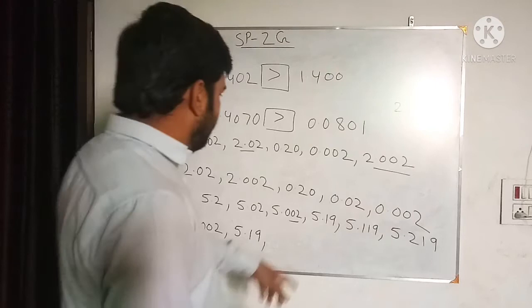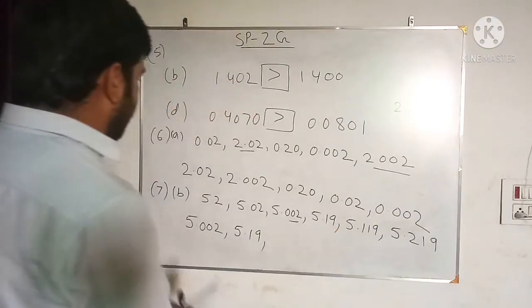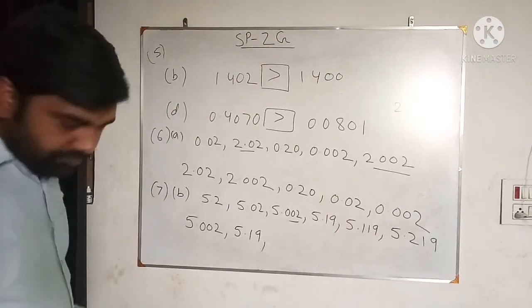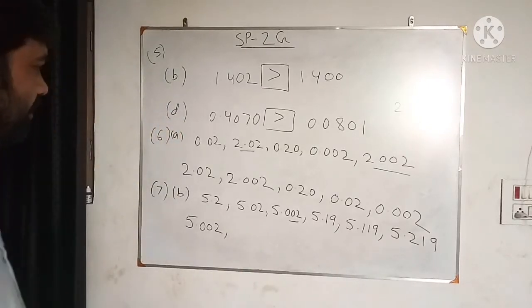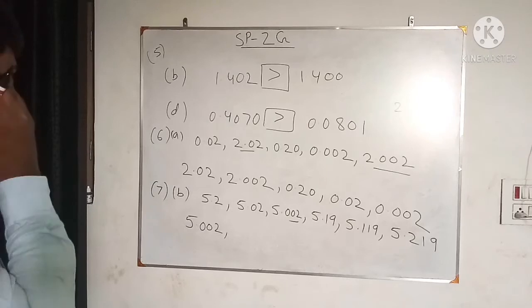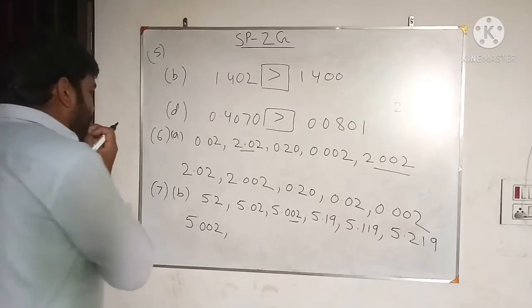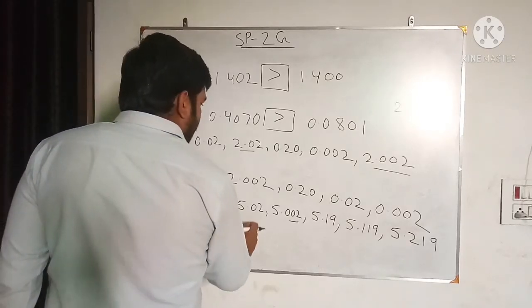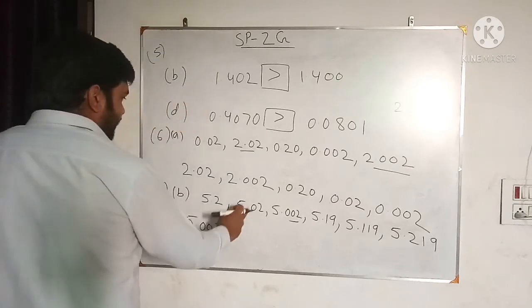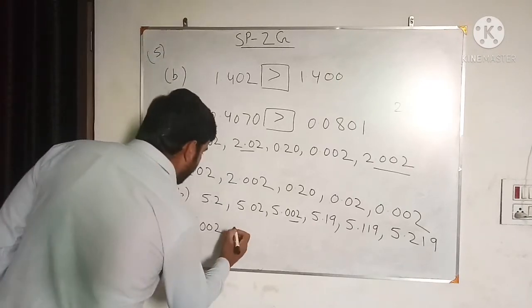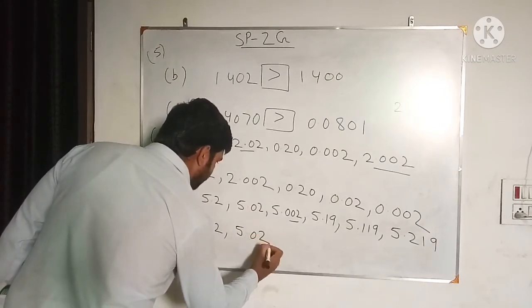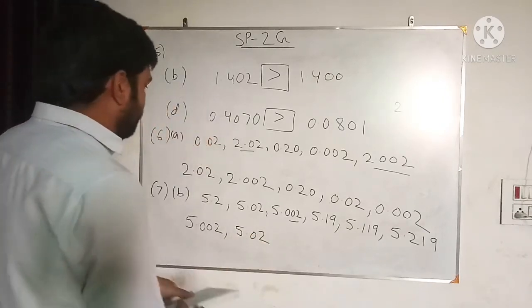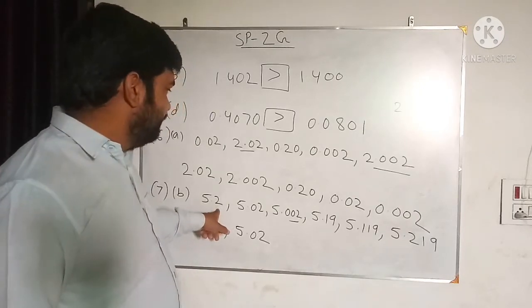Not 90, this is written as 190. In 3 decimal places, that will become 190. And 5.02 will become 20, and 5.2 will become 200.